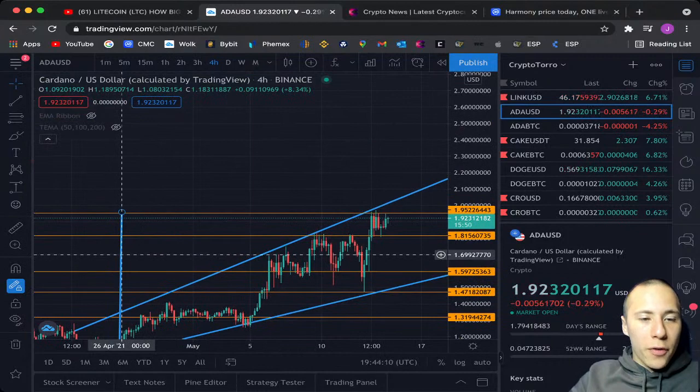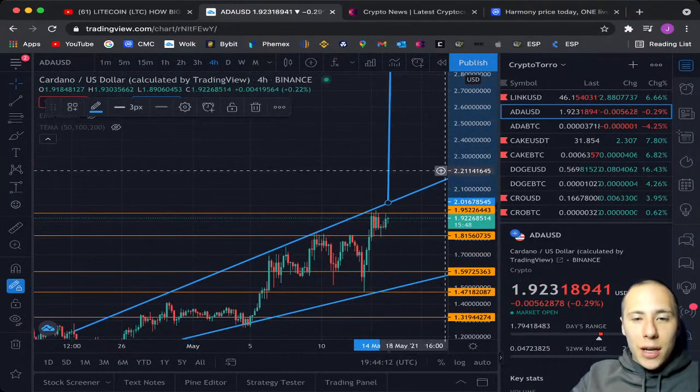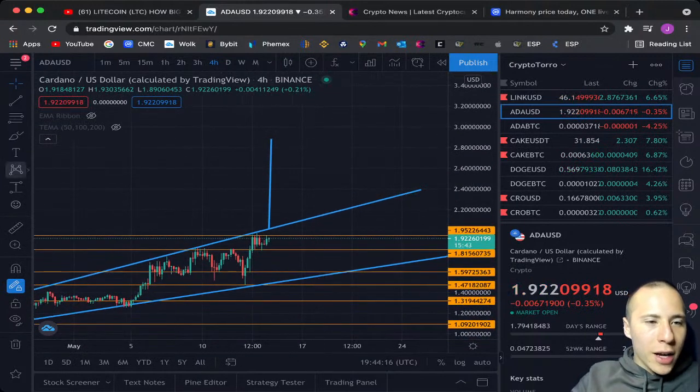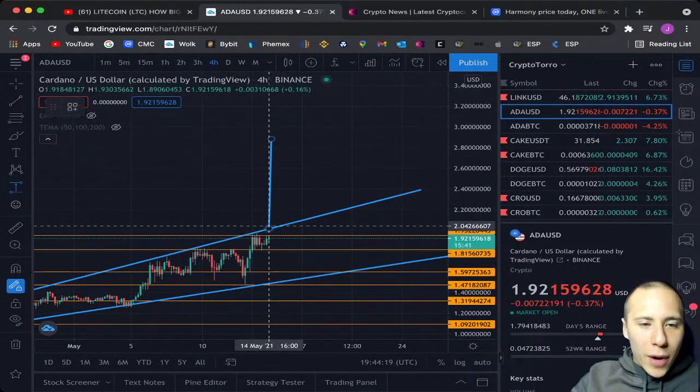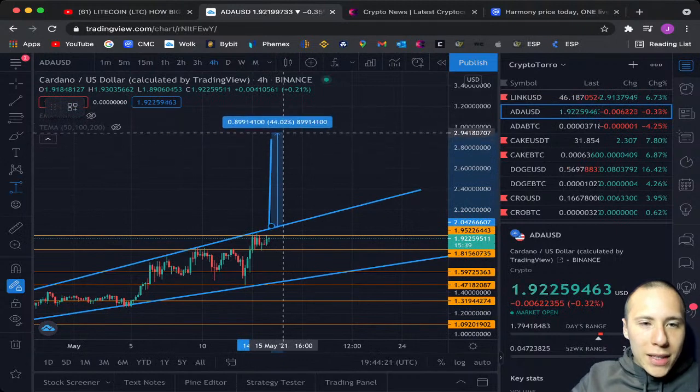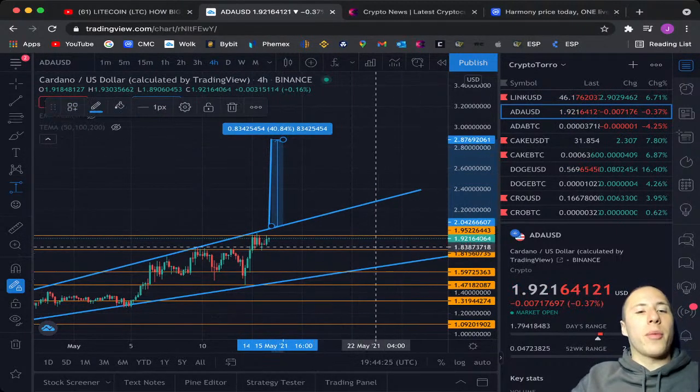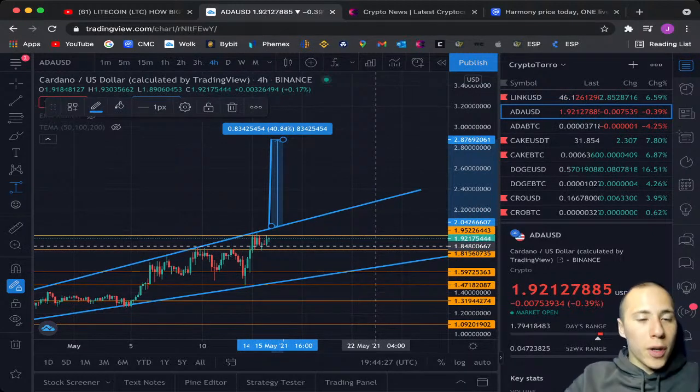So I will be moving this towards the upside to see what type of huge movement we would be seeing on Cardano, and I will be measuring it right away by placing this measurement tool, and this would be a huge move of approximately 40% of Cardano towards the upside.